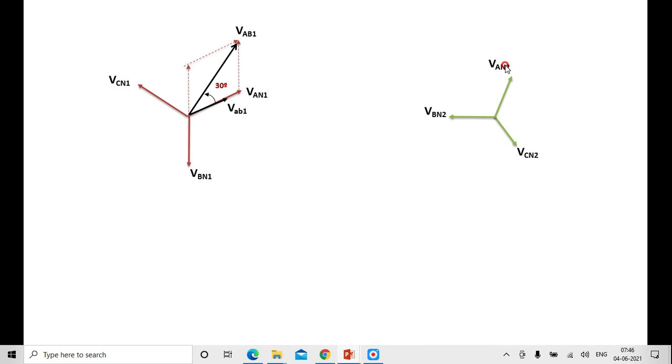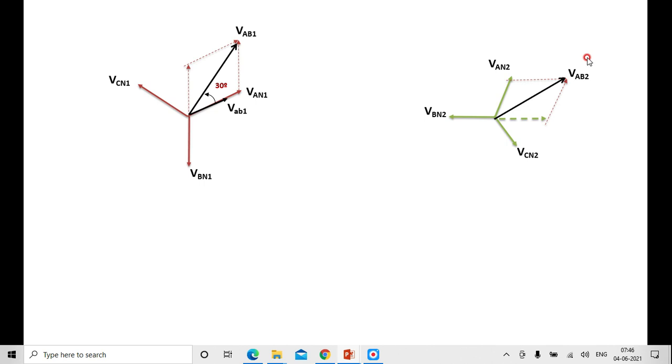Then I add it to VAN2, so that what I get is VAB2. This is the line to line voltage in the star connection.